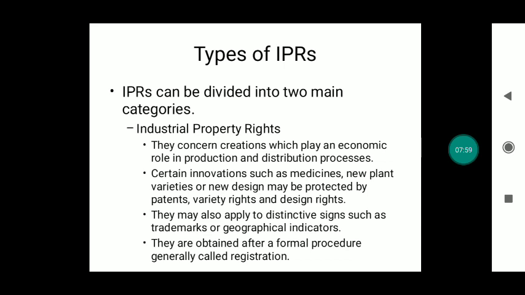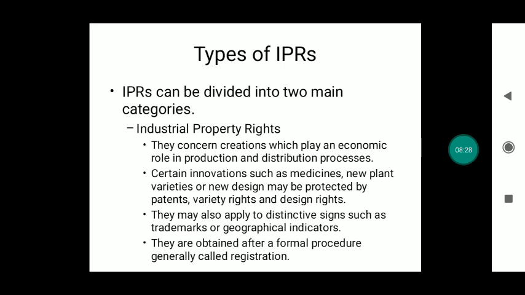Certain innovations such as medicines, new plant varieties, or new designs may be protected by patents. Variety rights and design rights come under industrial property rights. They may also apply to distinctive signs such as trademarks or geographical indicators. They are obtained after a formal procedure generally called registration.